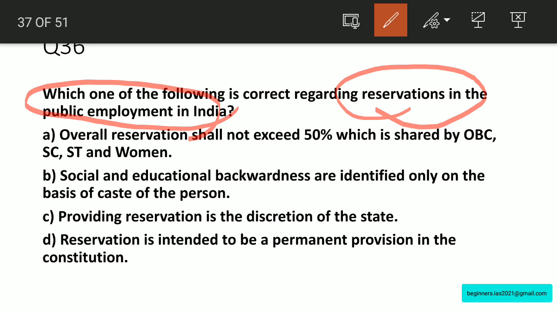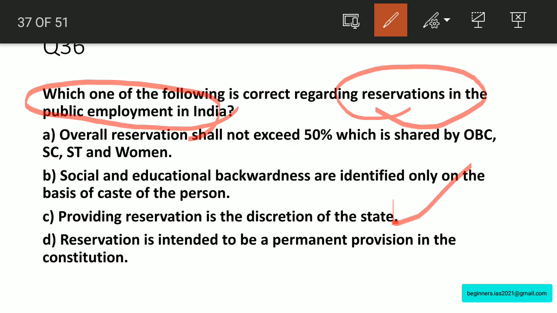Based on the discussion we can identify the correct statement. Providing reservation is the discretion of the state, which is the correct answer. Let us see. The overall reservations shall not exceed 50%, shared by the OBC, ST, SC and women. In some cases it can.